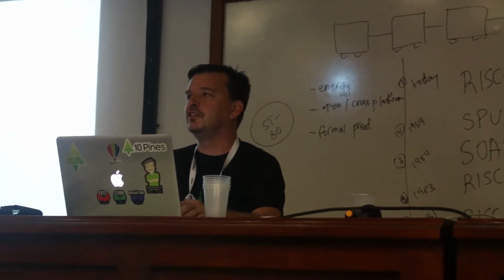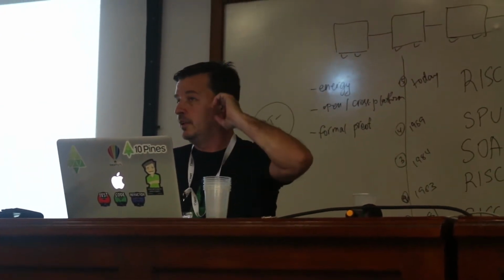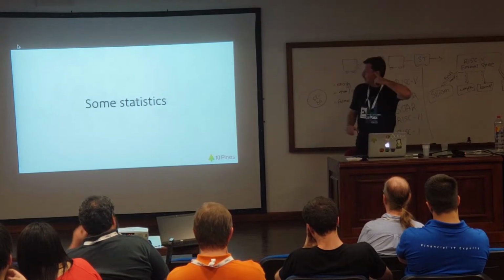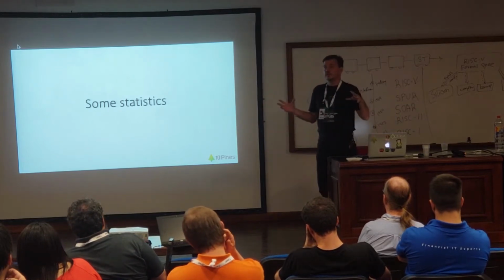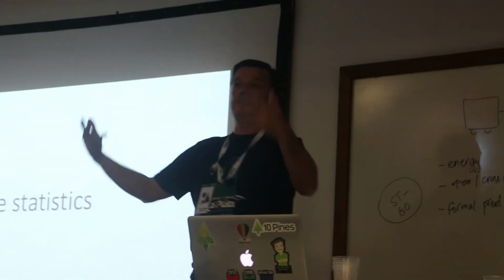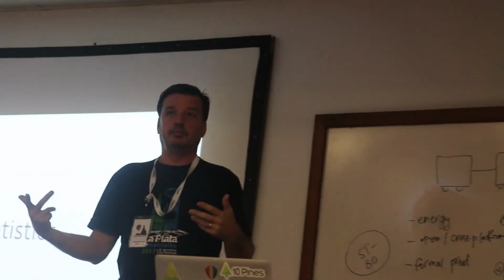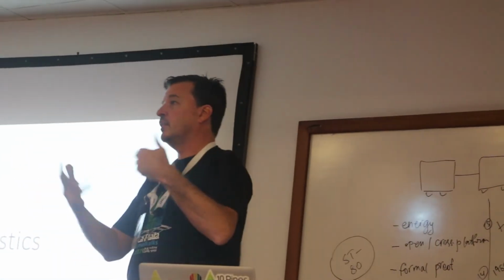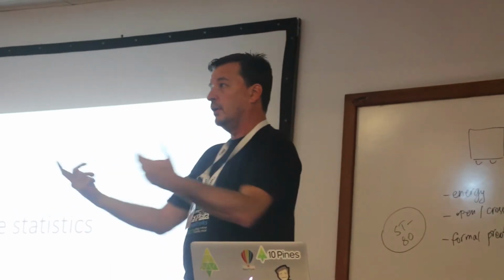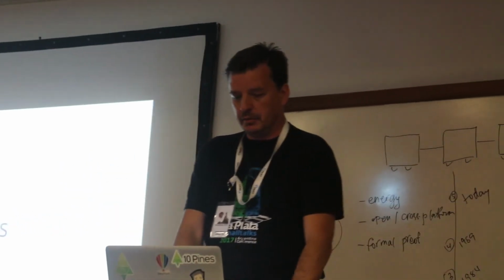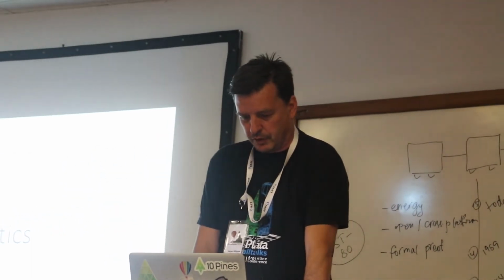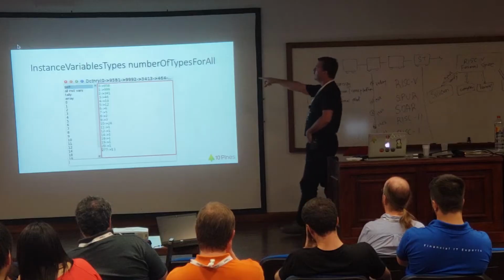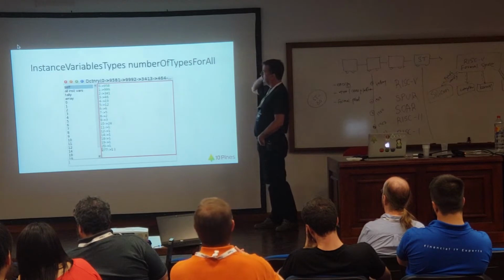So let's see some statistics. When you have this, what did I do? For example, I created all this type information based on the current existing objects. So when you do that, you just start having information because there are already objects in the image where you can get that information from. So one interesting thing is that you can see the number of types.